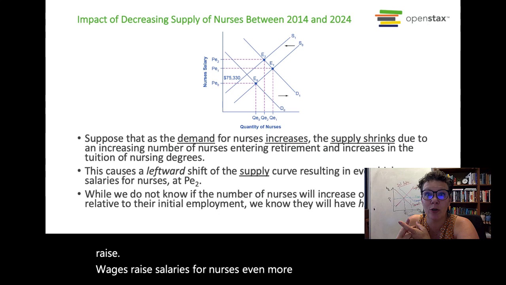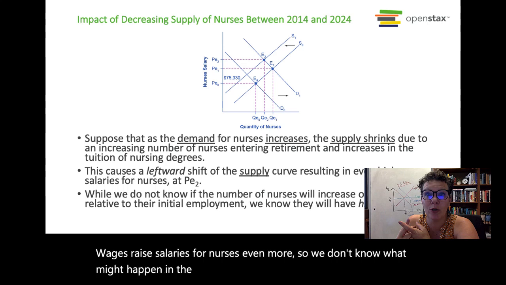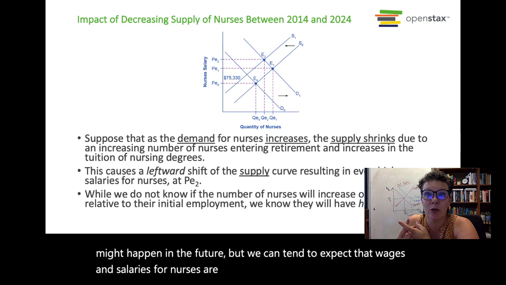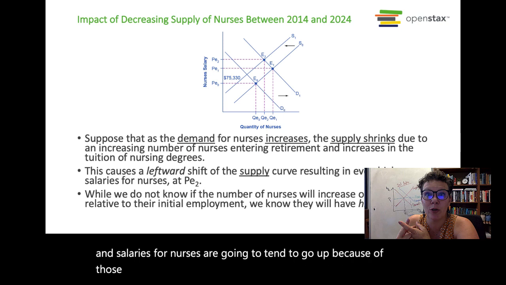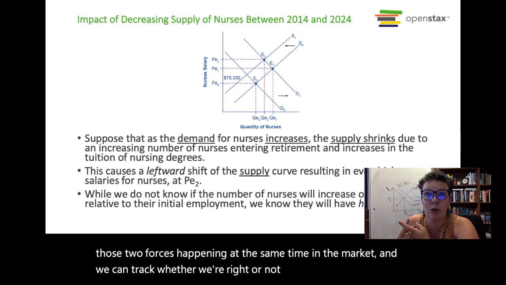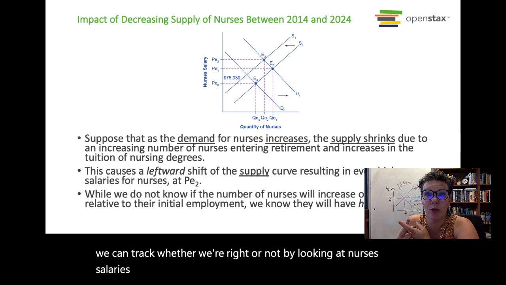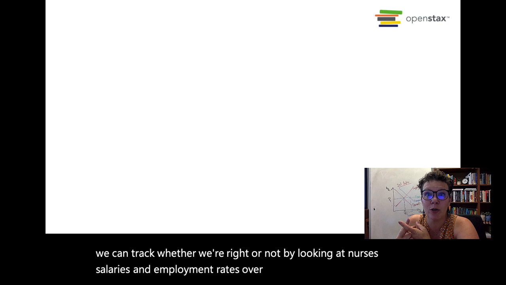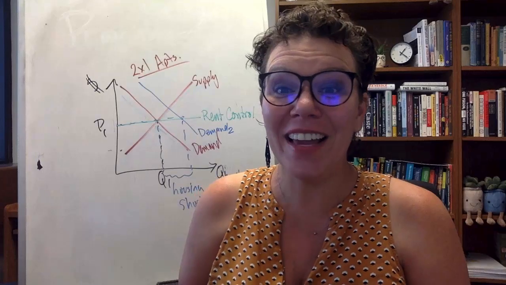So we don't know what might happen in the future, but we can tend to expect that wages and salaries for nurses are going to tend to go up because of those two forces happening at the same time in the market. And we can track whether we're right or not by looking at nurses' salaries and employment rates over time. Cool? Okay, that's it.